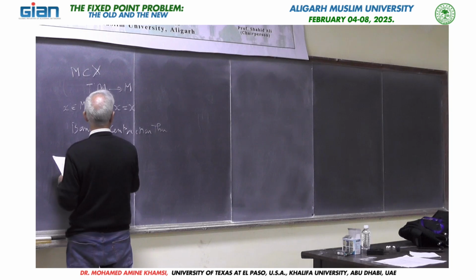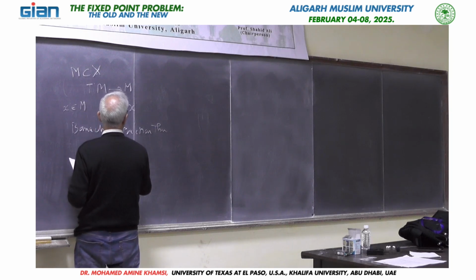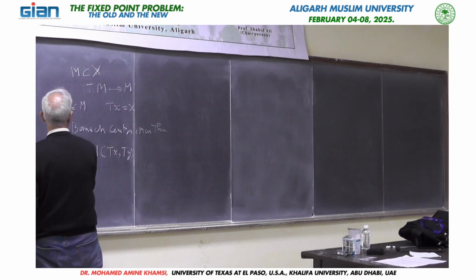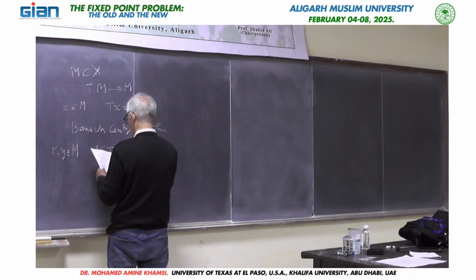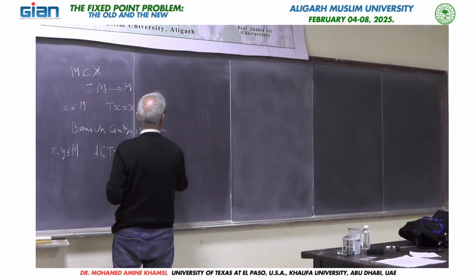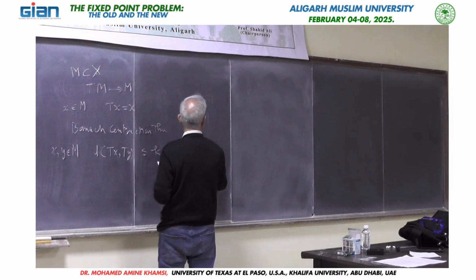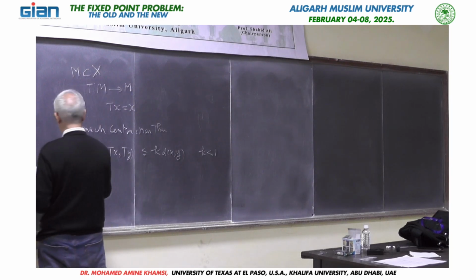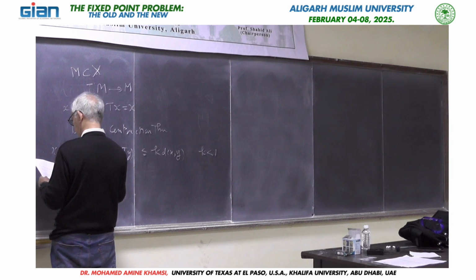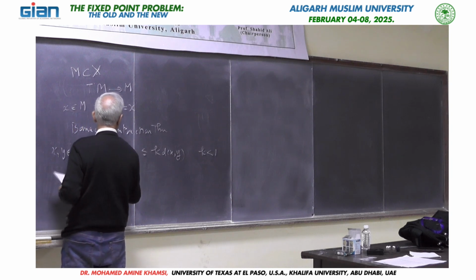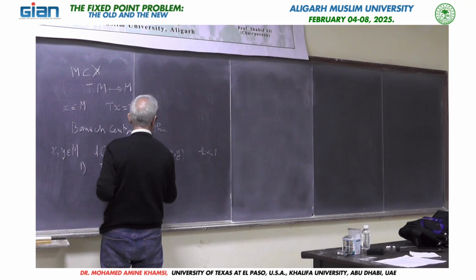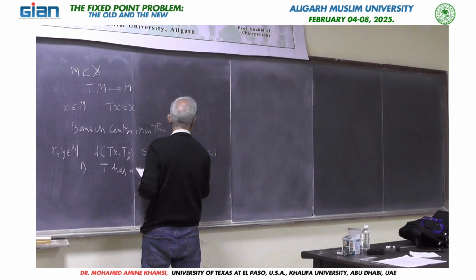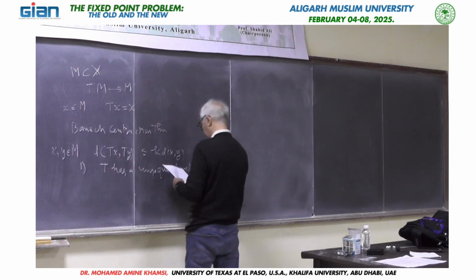If d of Tx, Ty for any x, y in M is less than or equal to k times d of x, y, where k is strictly less than 1, then we can derive the conclusion that first, T has a unique fixed point, which we can denote by x0.